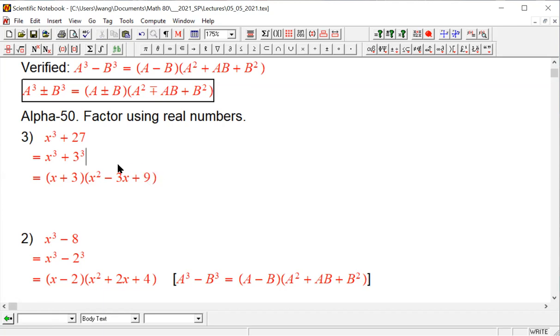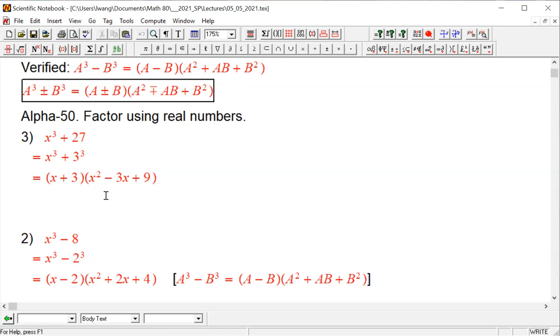Okay, this line is optional, but you definitely see it in your mind. You can go straight to the next step. So you can just show 2 lines for this question.